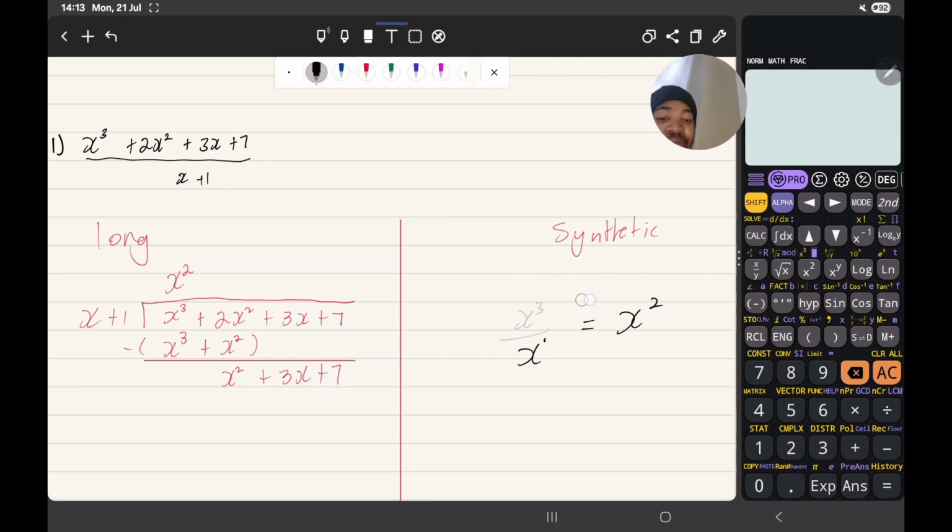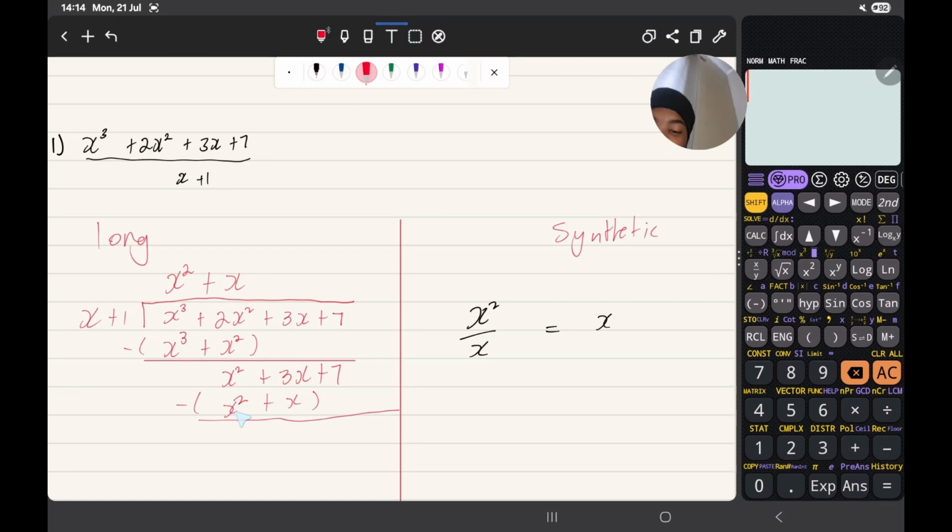And our focus changes now. We're still focusing on x, but now we are here. x squared divided by x is x, and a positive one. So we write plus x. Then x times x squared, x times 1, x. Then we are subtracting these.